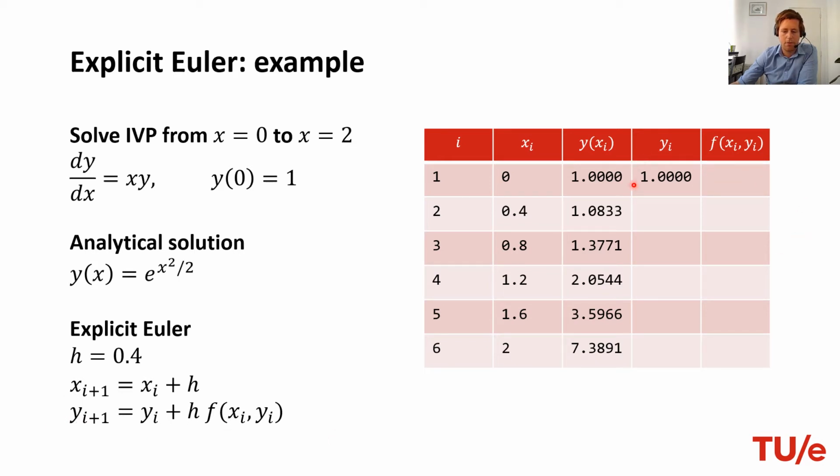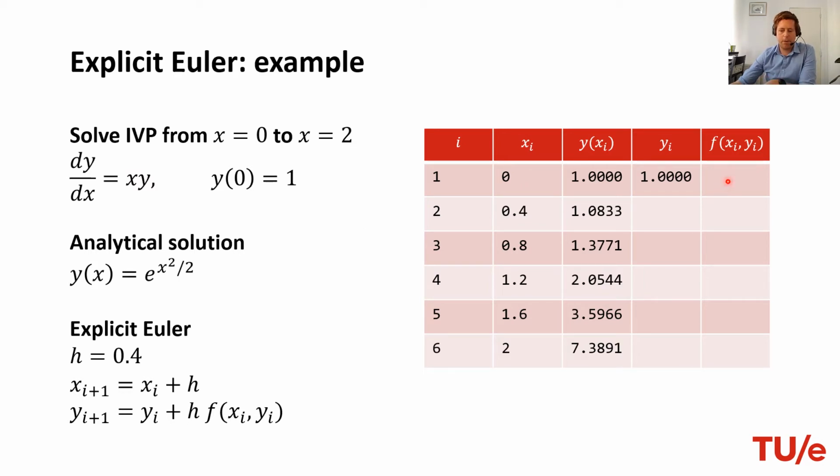Now, in order to go to step 2, we have to update our approximation to the solution. So we have to update our numerical solution following this explicit Euler formula. We use f evaluated at xi and yi as a slope in order to update our numerical solution. Evaluating f for xi is 0 and yi is 1, f is x times y, so that's 0 times 1.